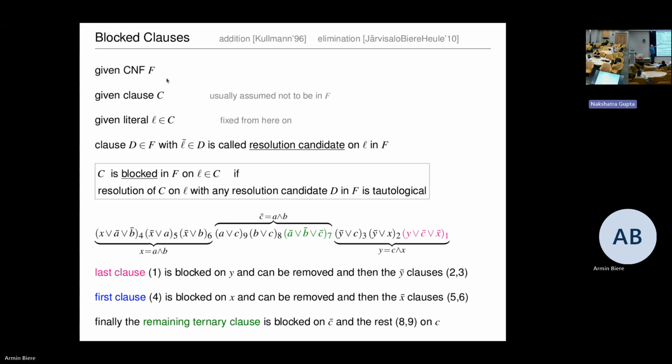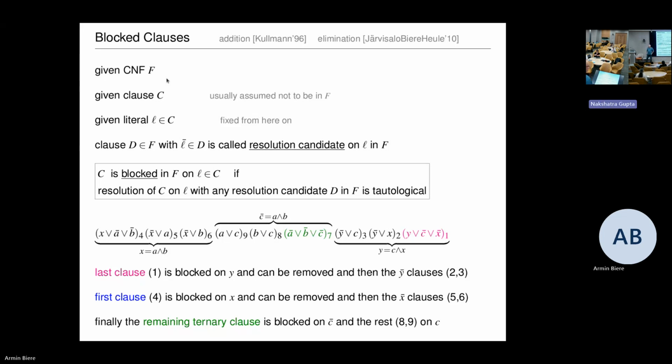Then this clause is blocked if the resolution of C on L with all these candidates always results in a tautology. Maybe remember when we did variable elimination, there were two clauses which were tautological. Here you require that all of them are tautological, but for one clause. Then you can drop this.